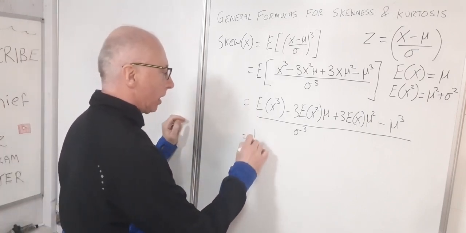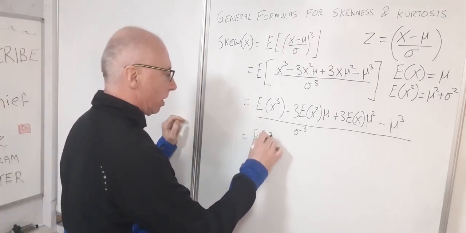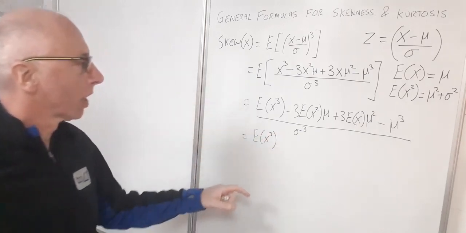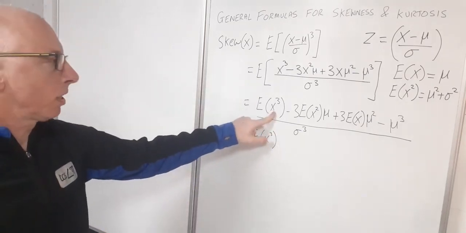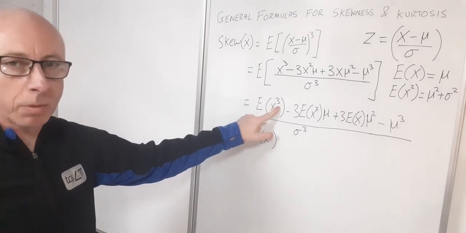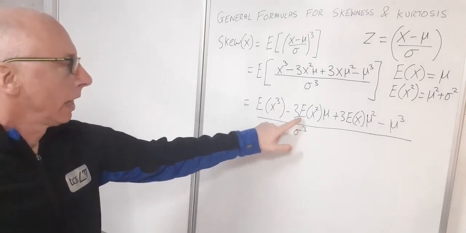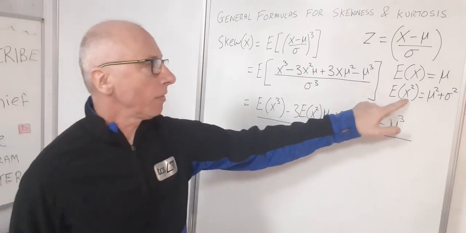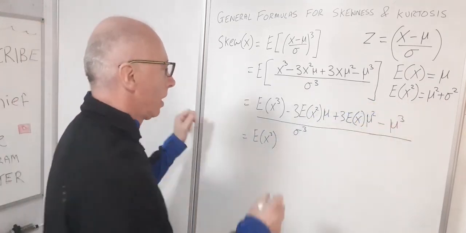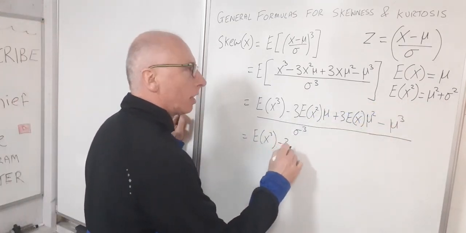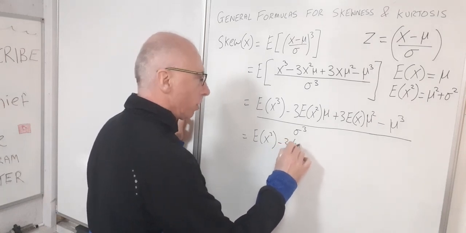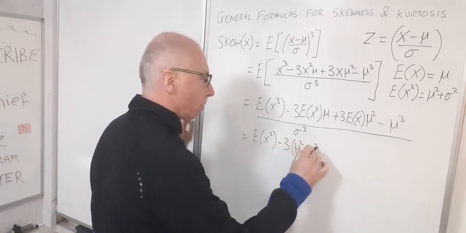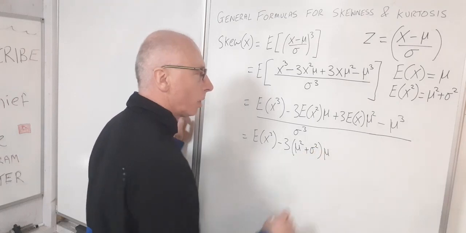So expectation of x cubed, that's going to have to stay. That's not the same as the mean cubed, that's expectation of x cubed, so that's the third moment. Here we've got 3 times E of x squared times mu. Well, E of x squared we've got here. So we've got minus 3 times mu squared plus sigma squared times mu.